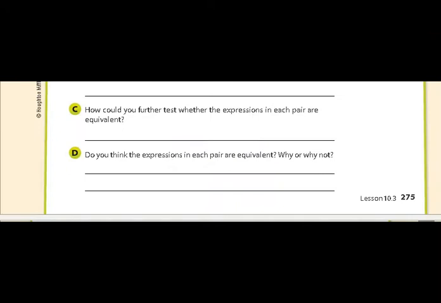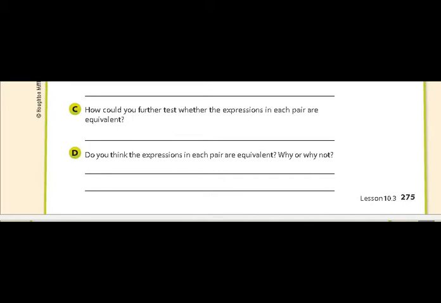For part C, how could you further test whether the expressions in each pair are equivalent? What else could we do? We could check it with different numbers. We tried it with 3 up here.